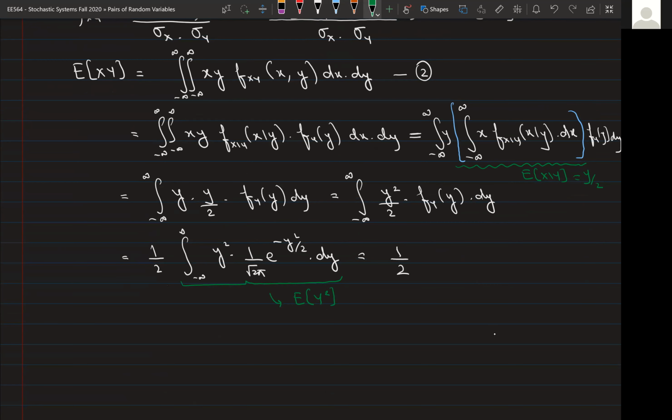But since y is zero mean, the second moment is actually the central second moment as well, which is the variance. So this is the variance of y, which is equal to 1 since y is standard normal. Okay, sir. Thank you. Okay, any other questions?